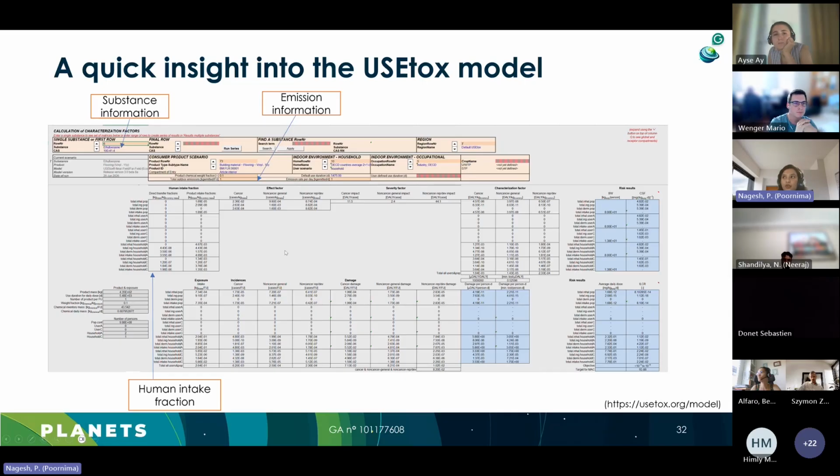And here you can also see if it's on the continental scale or global scale. You can also calculate the effect factor and the severity factor based on the conceptual framework. So as a brief example, with this model, you can estimate both human and ecosystem exposure and also what kind of impact it causes.